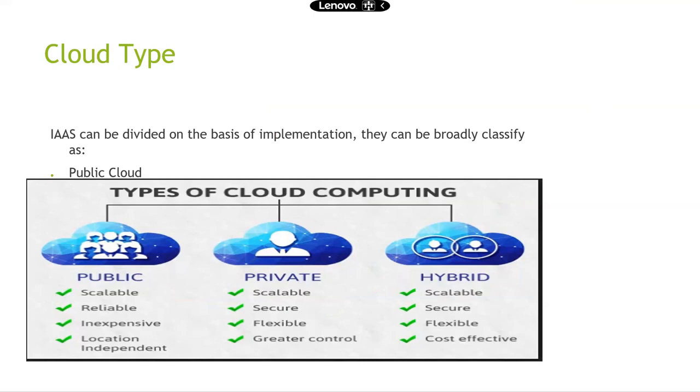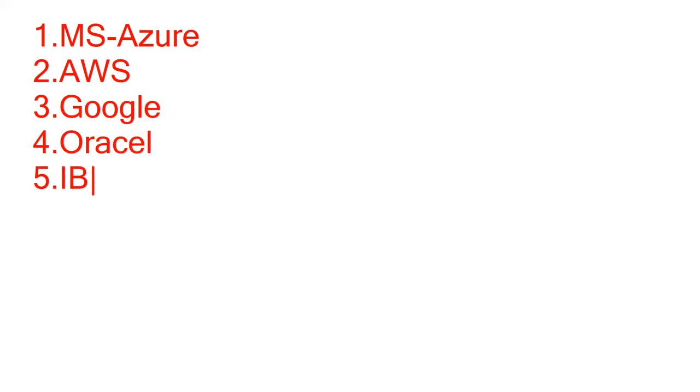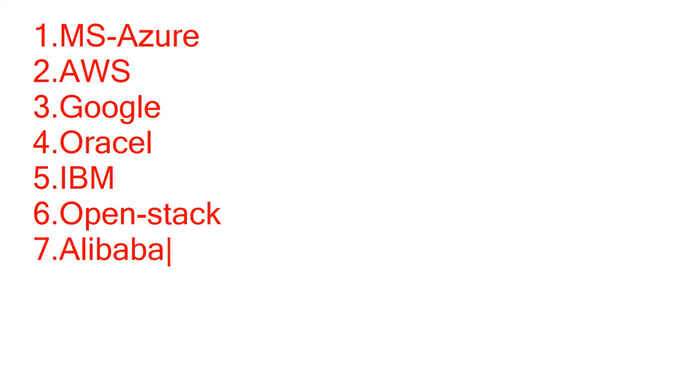As you know, there are different vendors providing cloud computing technology. One is Microsoft Azure. Second, AWS. Third, GCP, Google Cloud. Fourth, Oracle. Fifth, IBM Bluemix. Sixth, OpenStack. Seventh, Alibaba. So these many vendors provide cloud computing technology in the market.